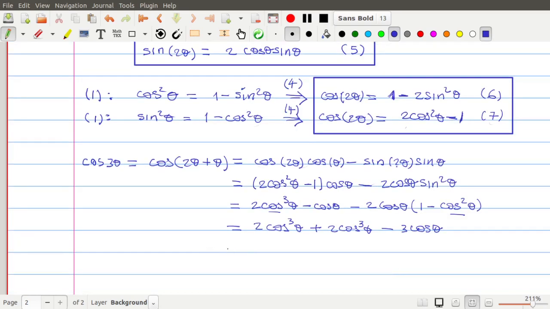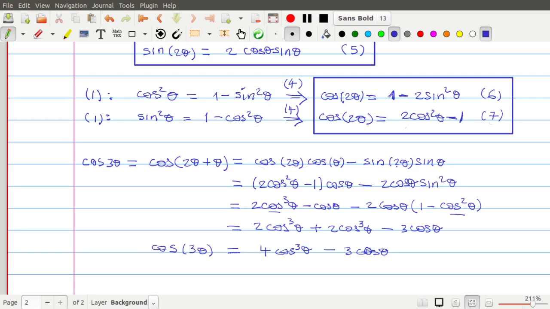Now we can group finally and say this is 4 cosine cube theta minus 3 cosine theta. Right. So this is how we can write cosine of 3 theta.